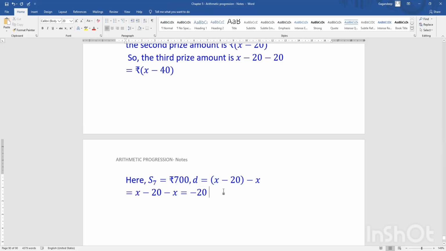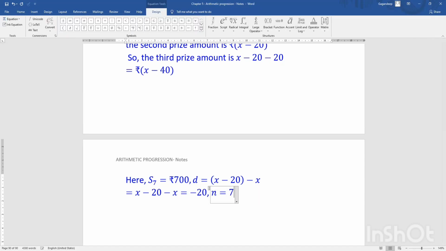And then I have the next one. n is equal to 7. Then we have a1, the prize amounts we need to find out. So a1 question mark.